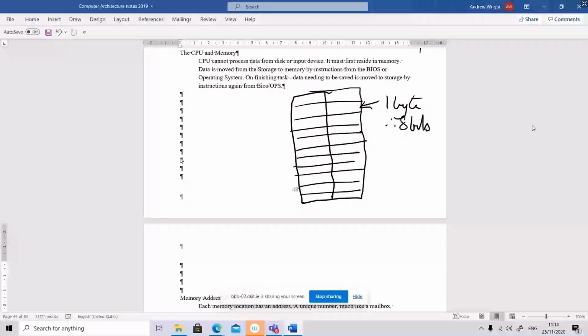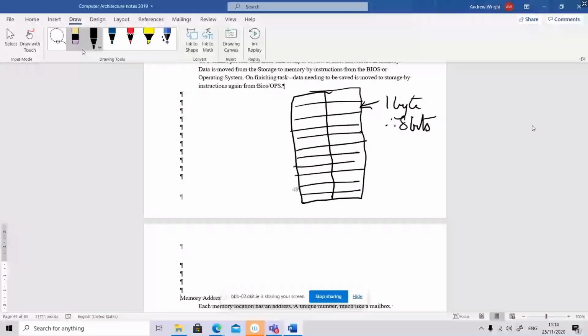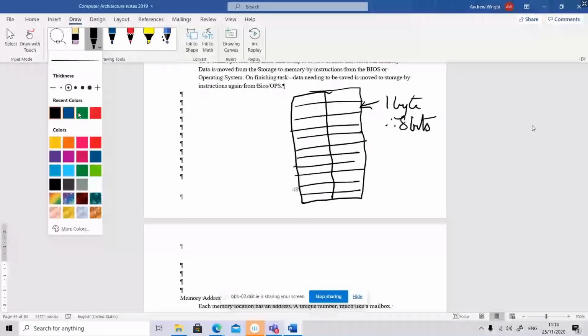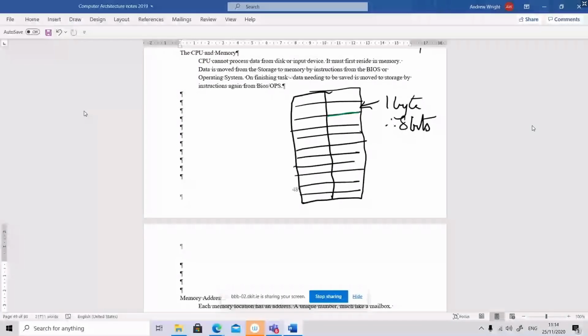You might not think that's very much in terms of computing, but that's how it's done. So for instance, if I was to store an integer, I would need 4 of these bytes. A standard integer is 32 bits, so it would go over 4 bytes.